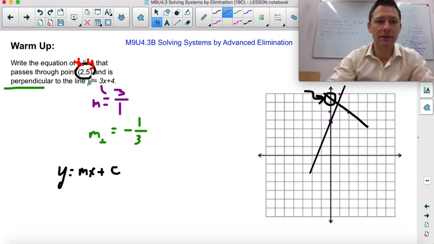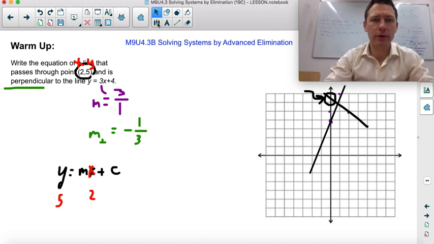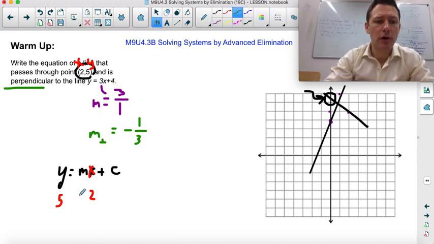So in place of this x, I can put a 2. And I should get a 5 out when I have that equation. And we're going to put in the slope that we know we need, negative 1/3.